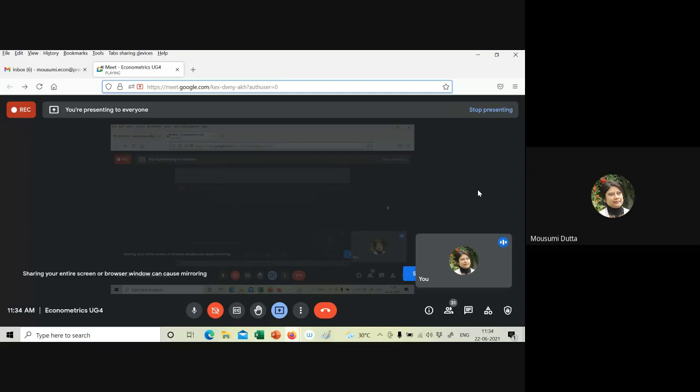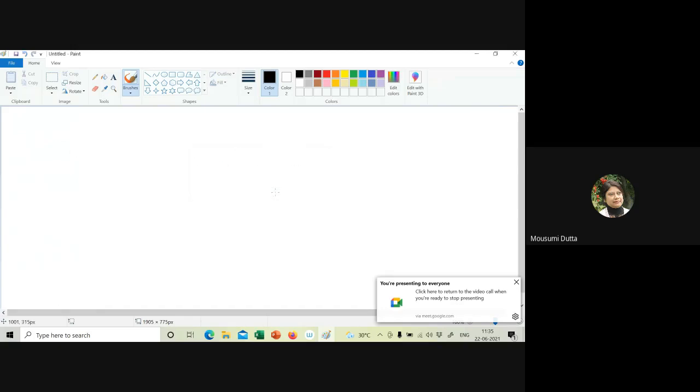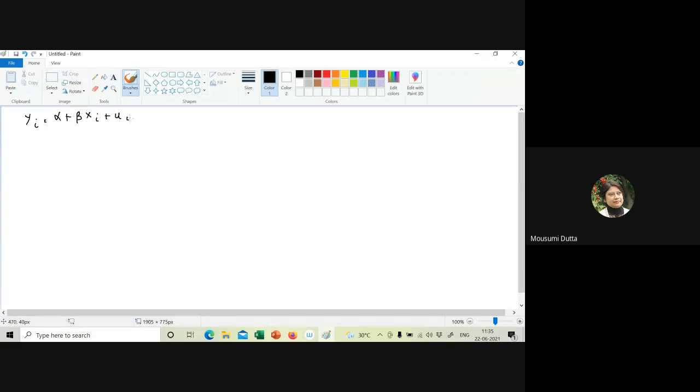So problem number 16 in chapter 3, Maddala. In the model, yi is equal to alpha plus beta xi plus ui, i running from 1 to n.